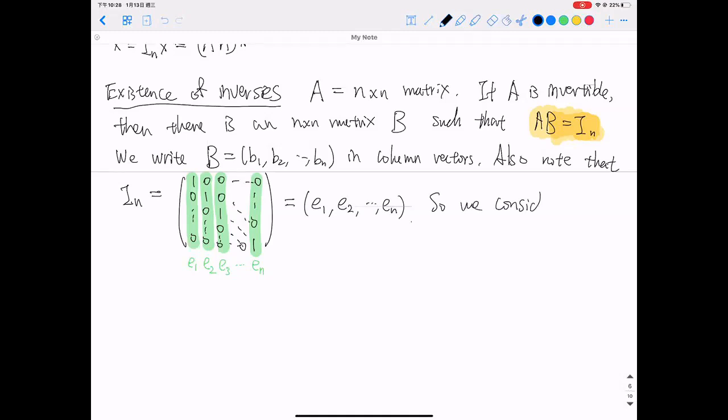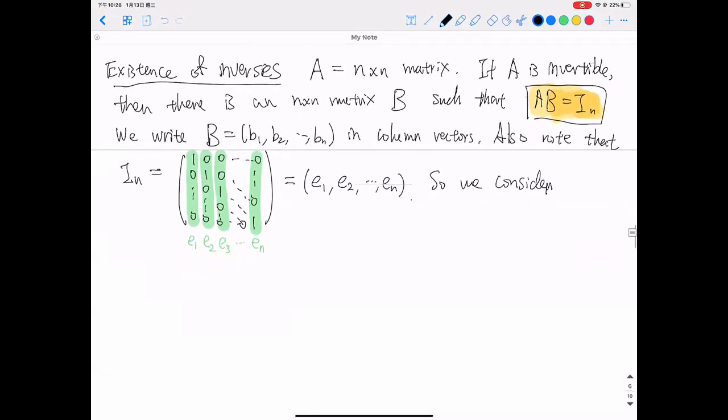Therefore, the equation AB equals I can also be expressed as follows: A times the columns B1, B2, through Bn equals E1, E2, through En.